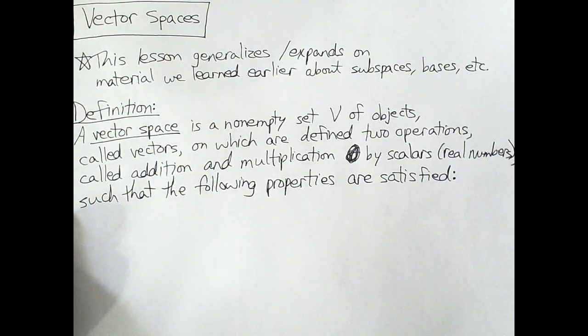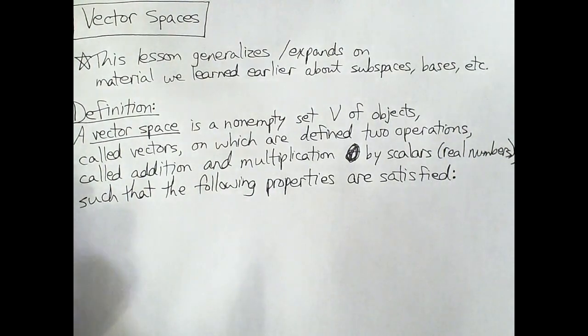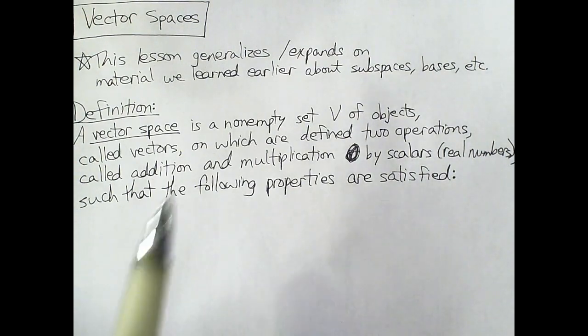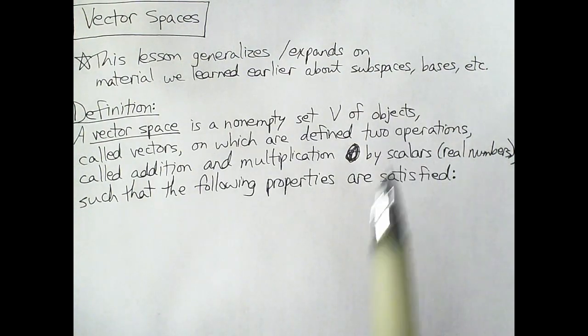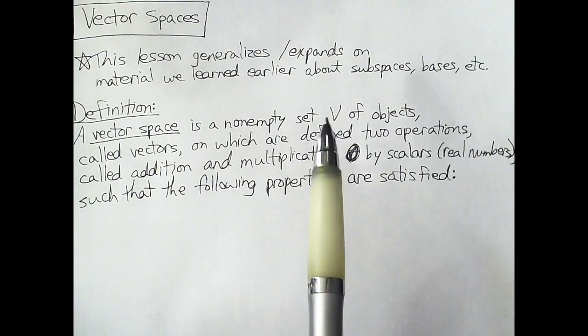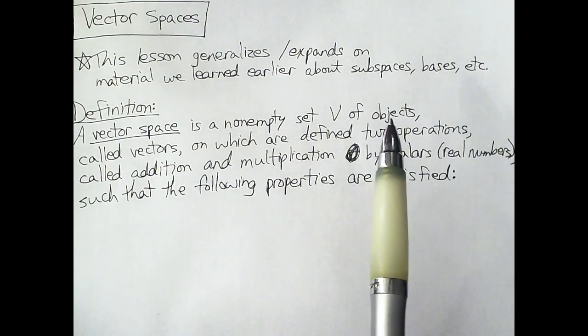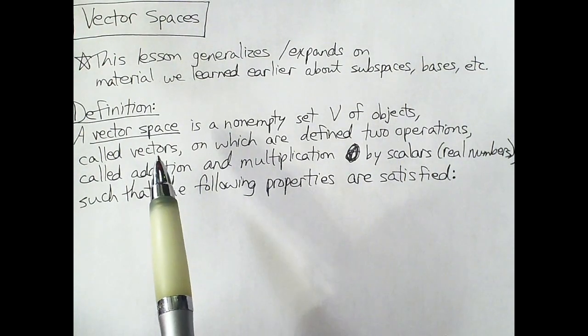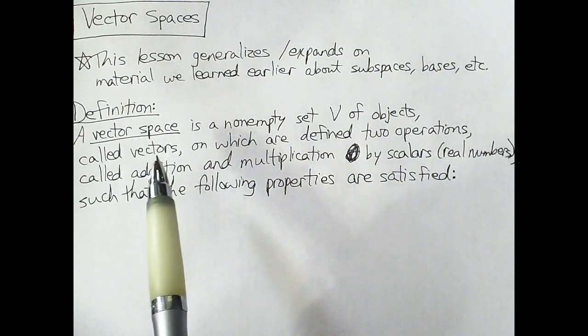So what have we got so far, just before we list some properties? It seems pretty vague, doesn't it? It's a set of objects. Well, any non-empty set could be called a set of objects. So we probably could have phrased this differently. But anyway, it's a set where the elements of the set are called vectors, whatever they might be.